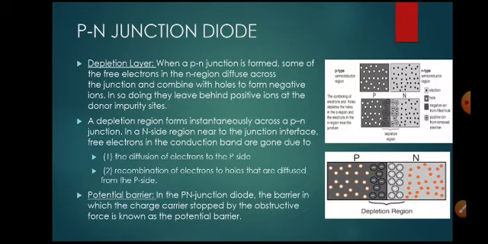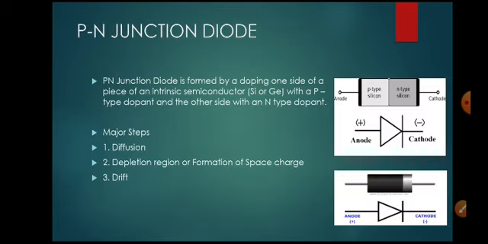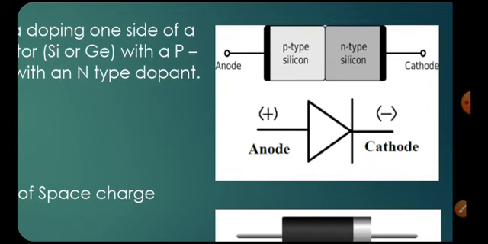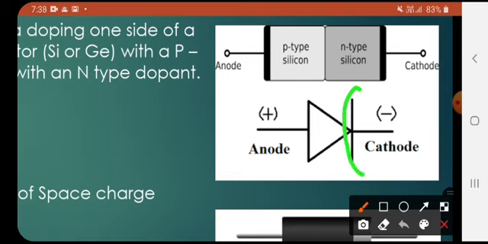So it is called biasing. So this is a p-type semiconductor. The symbol is shown in the figure, the triangle with a straight line. This straight line represents negative, this is positive.